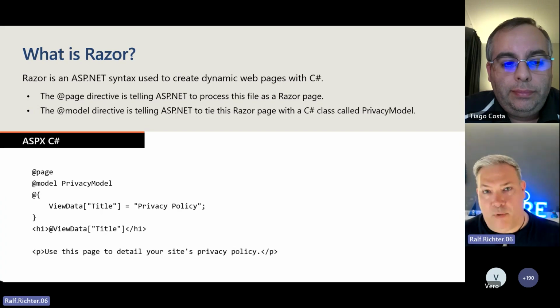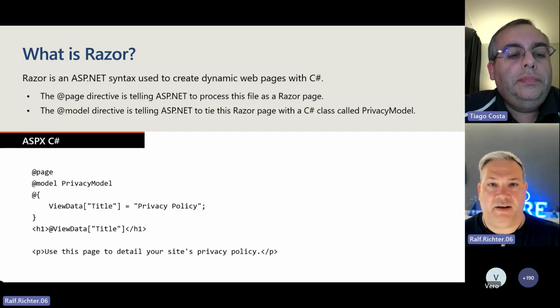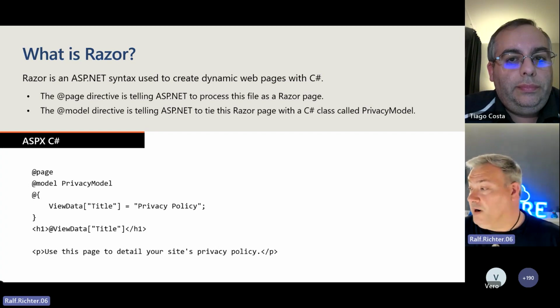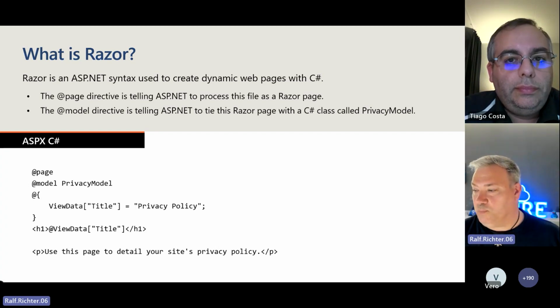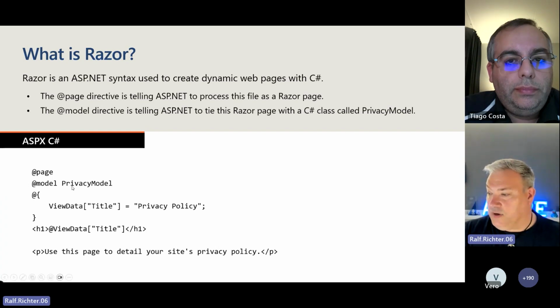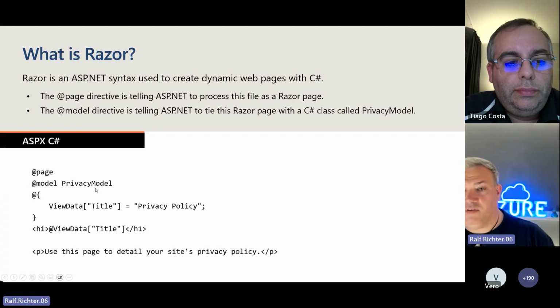And we have that @model, which tells ASP.NET that this is going to be a C# class or a submodule or whatever you want to have included into that page. So it is possible to load that. As you can see here, we have @page and we have @model PrivacyModel.